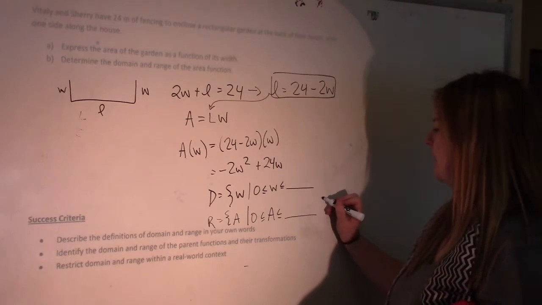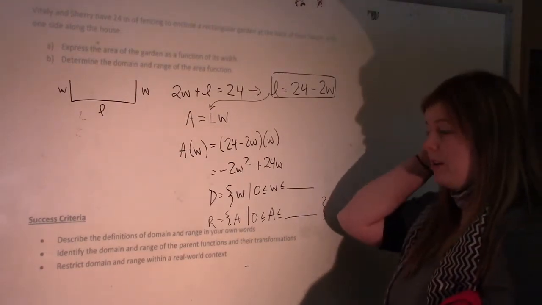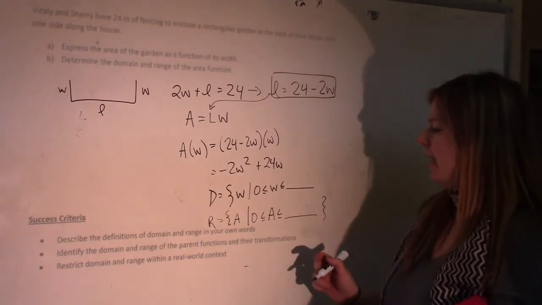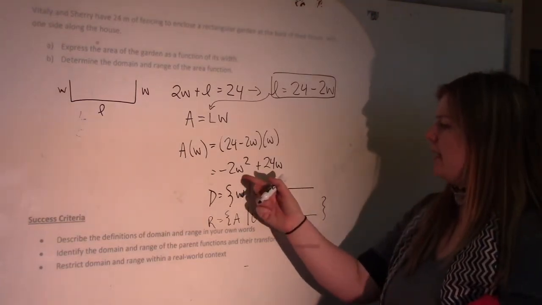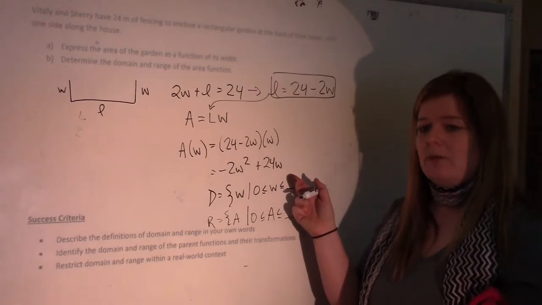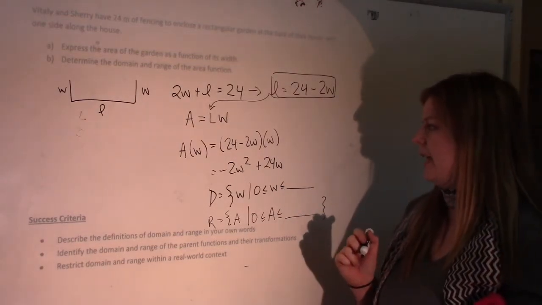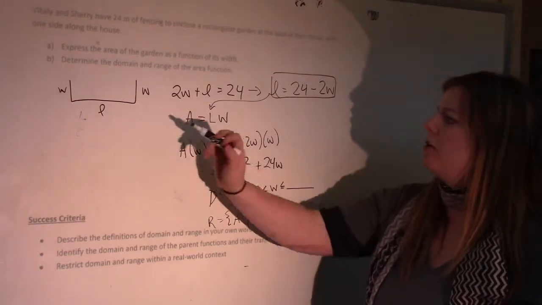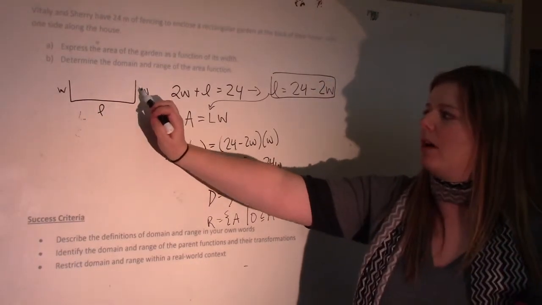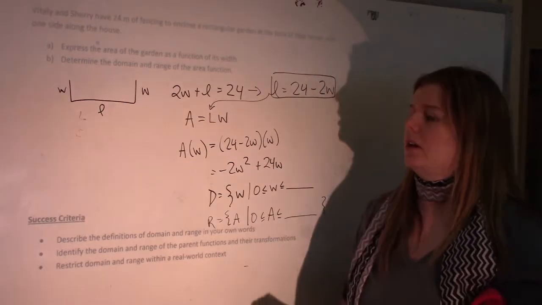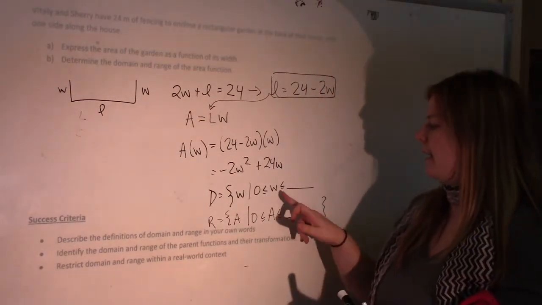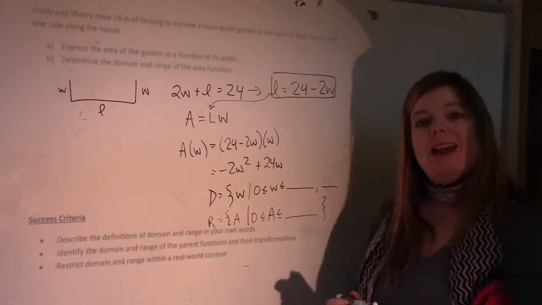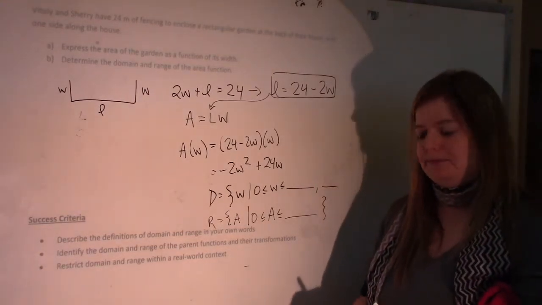Well, what's the greatest the area can be given that the perimeter is as such? So the area, we can look at this by doing the vertex, finding the y value of the vertex. And this, I want you to think about what could w be, knowing that this has to be 24. Okay? What does this domain have to be? And we'll finish that example up tomorrow.